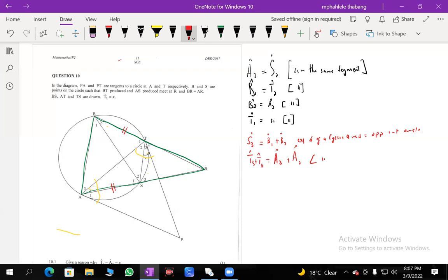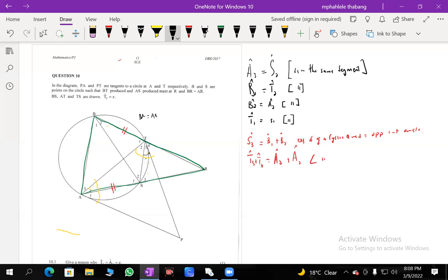If a triangle has two sides that are equal, we say that triangle is isosceles. So triangle ABR is isosceles, with side BR equal to side AR.